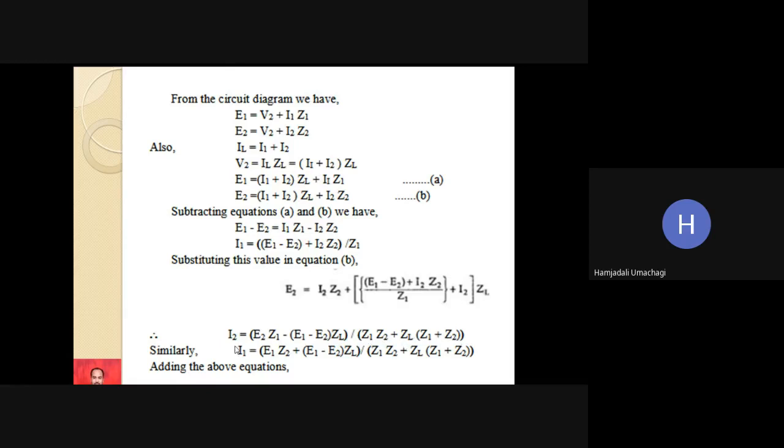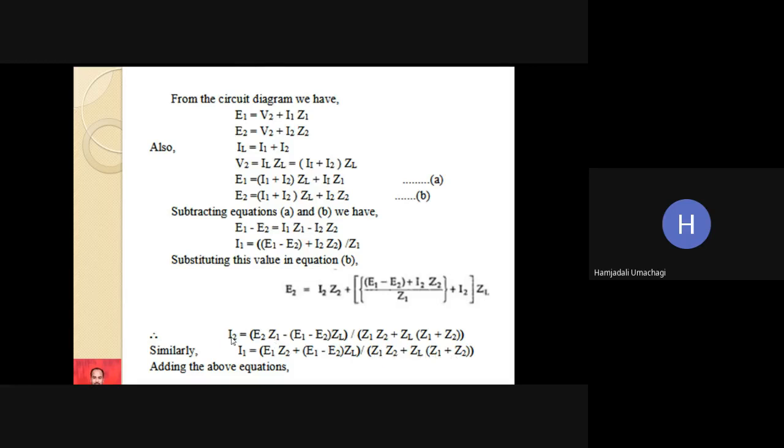So this is the load shared by the second transformer. Similarly, using this equation, we can write the load shared by the first transformer I1. I1 is given as E1 Z2 plus E1 minus E2 into ZL, whole divided by Z1 Z2 plus ZL into Z1 plus Z2.